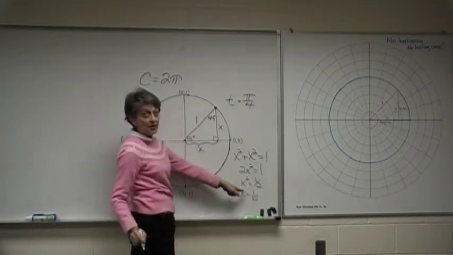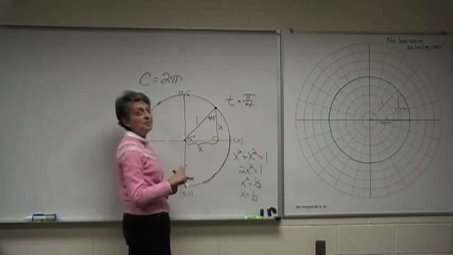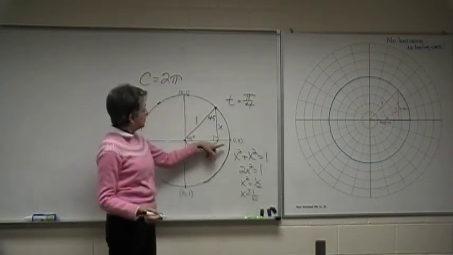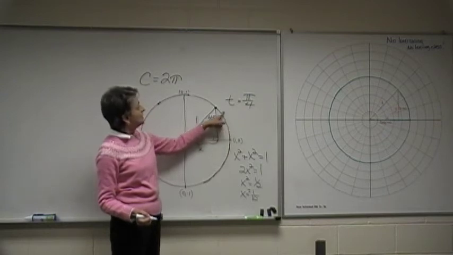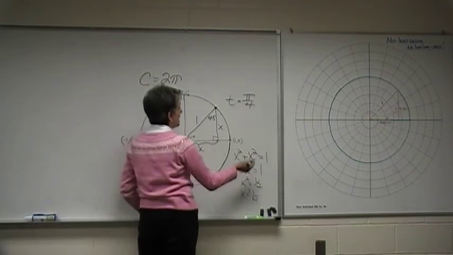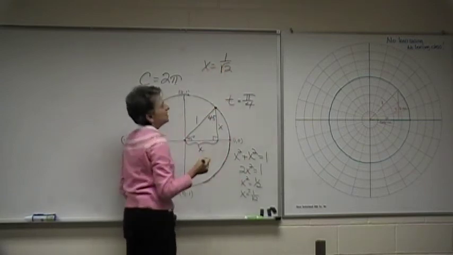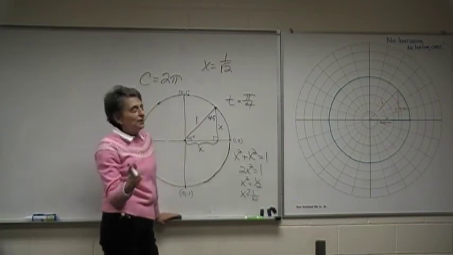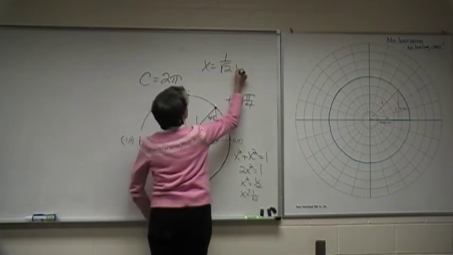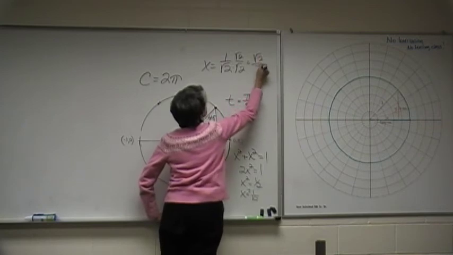Now, we took the square root of x squared. We're going to get two values. One's going to be positive, one's going to be negative. But the one we want will be the one that's positive because we're moving up. So x equals 1 over the square root of 2. Now you know, don't leave a square root of 2 in the denominator. So we're going to repair it. Now we get the square root of 2 over 2.